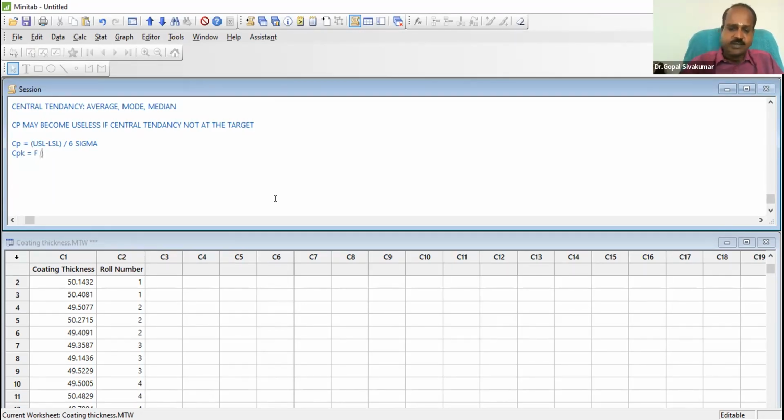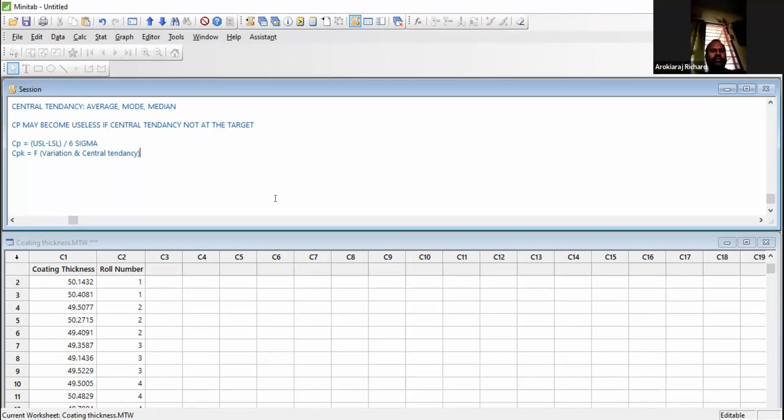CPK involves both variation and central tendency. So, which is the best measure now, CP or CPK? CPK is the best measure. So hereafter, I strongly suggest all of you conduct the capability analysis only after ensuring that your process is under statistical control.